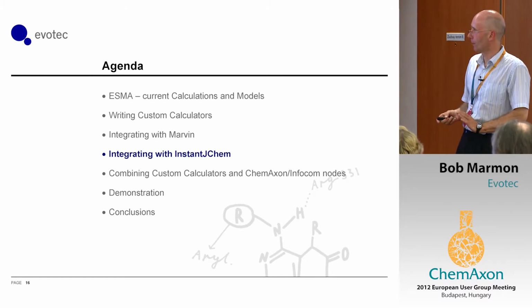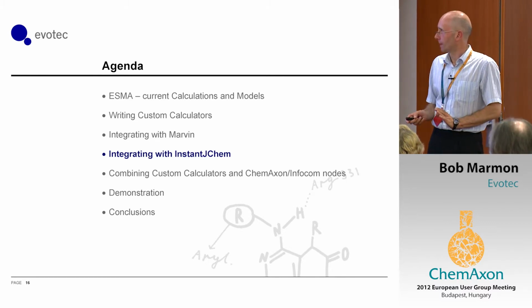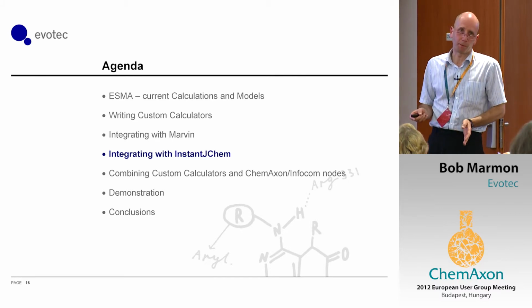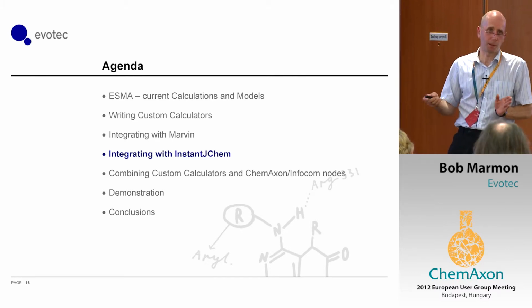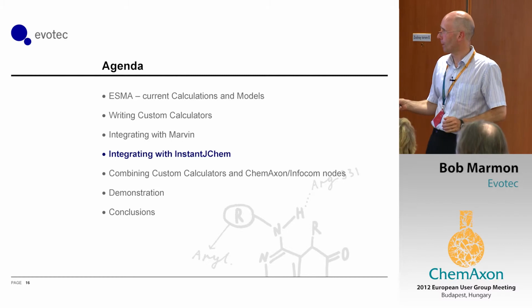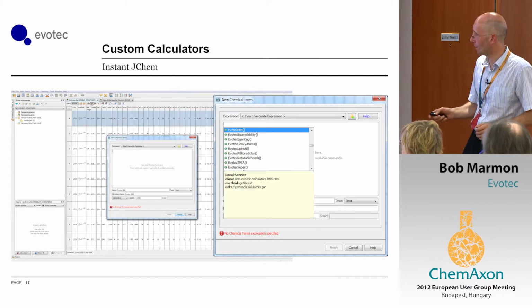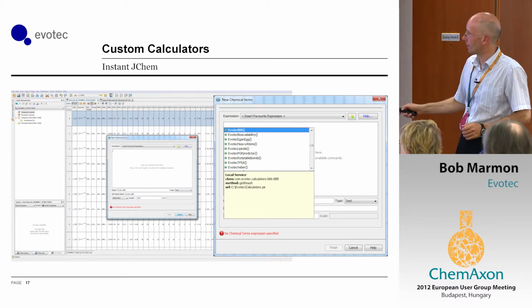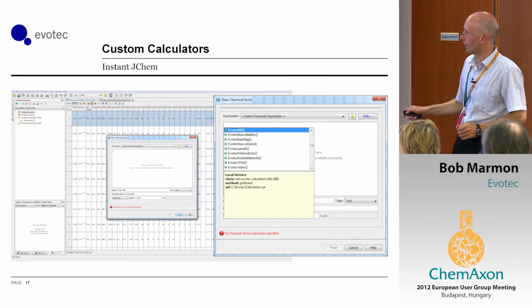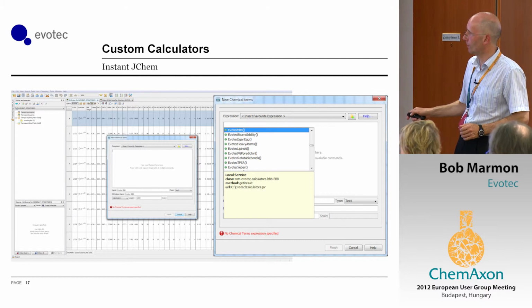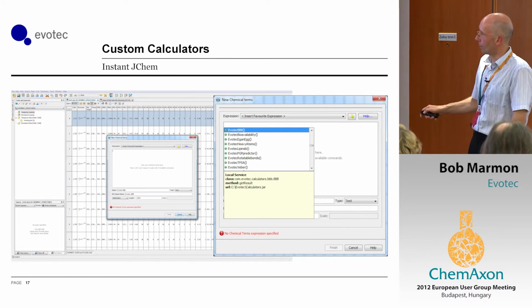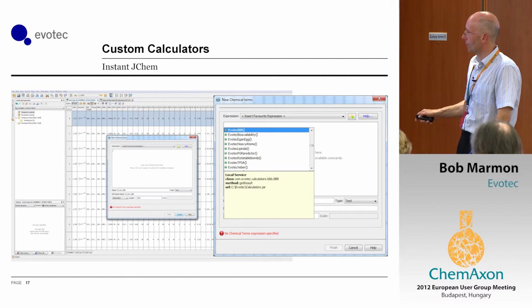So once we've set up the calculators in Marvin, then they become available in the other desktop applications that we've got. So if we now go looking in Instant JChem, and we click on add a new chemical terms column, then we get our normal dialog for the chemical terms.